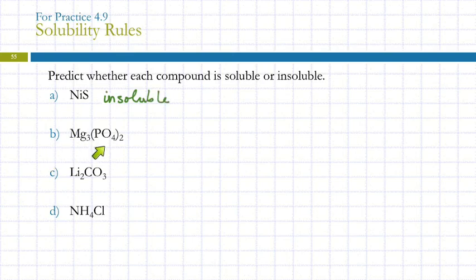Okay, this one. Magnesium phosphate. Well, we start at the top. And we don't find magnesium or phosphate anywhere in the top. So we go down further, and we find that phosphate is at the very bottom of that table. And what are the exceptions? There really aren't any for phosphate.